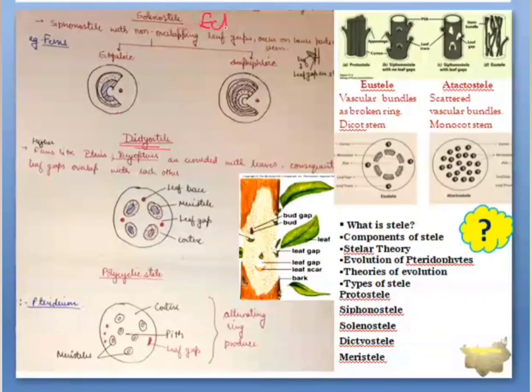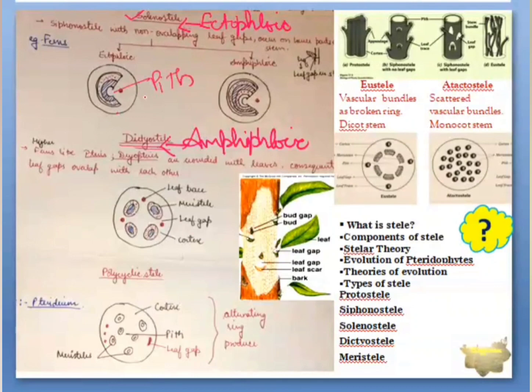The ectophloic siphonostele developed into solenostele, whereas the amphiphloic siphonostele evolved into dictyostele. A siphonostele in which the vascular tissue around the pith region has leaf gaps. So what is a leaf gap?